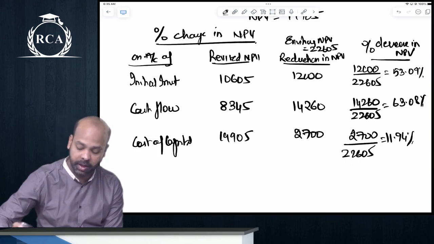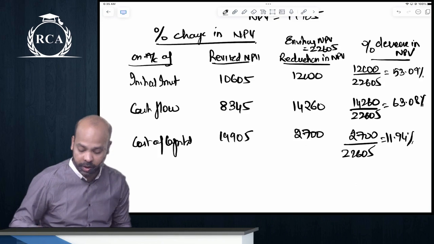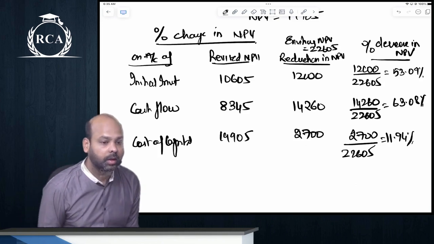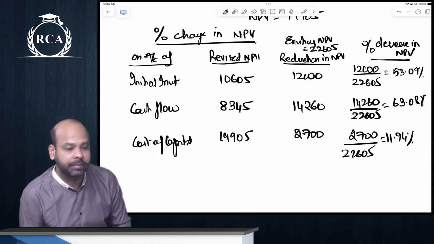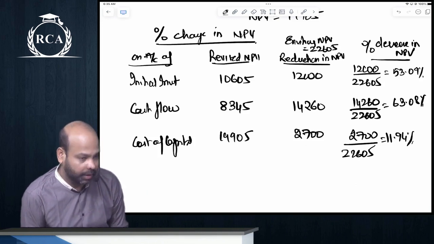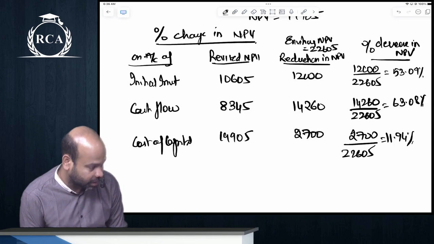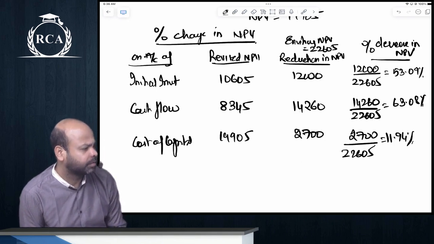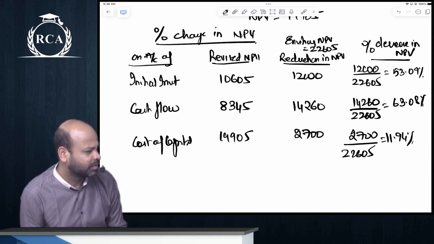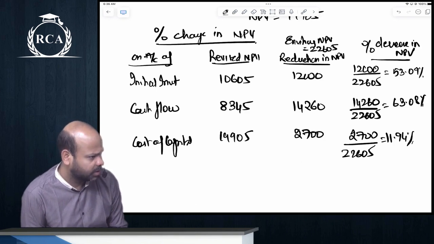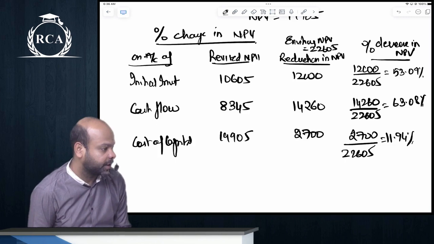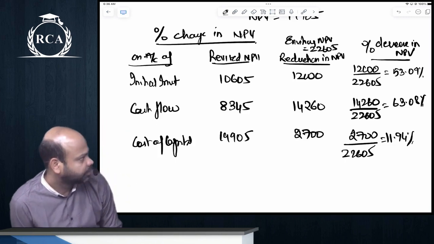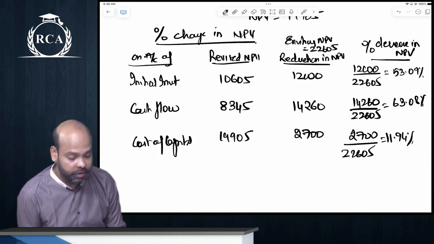Therefore, NPV is the most sensitive to changes in cash flow.